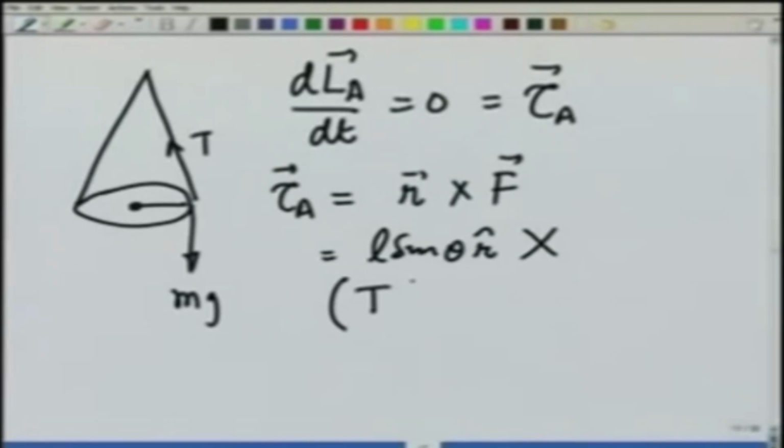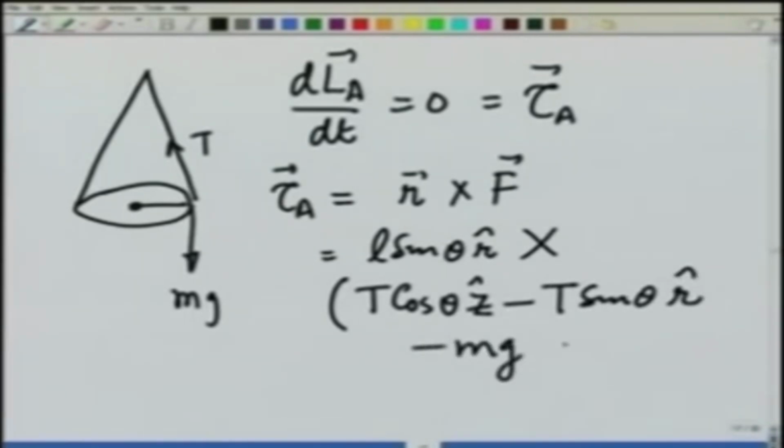T cosine theta in the z direction minus T sin theta in the r direction minus mg in the z direction.